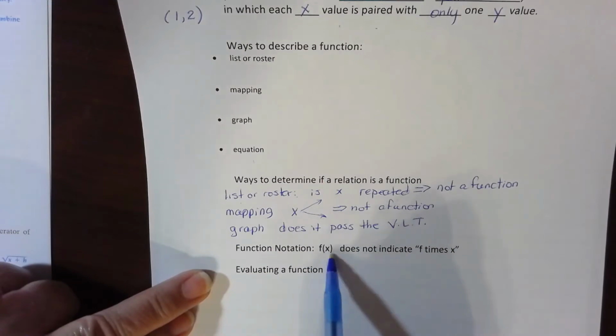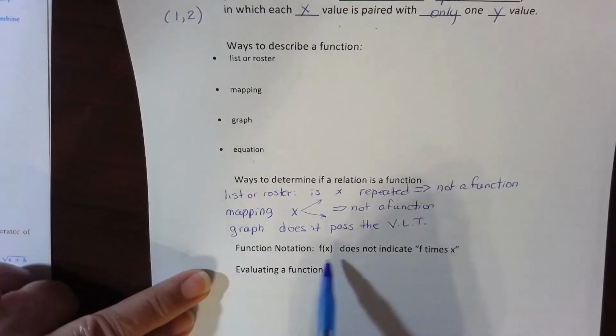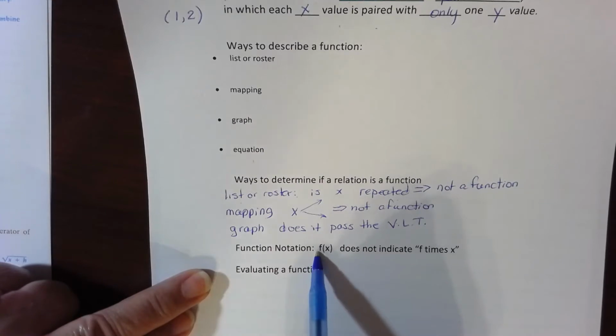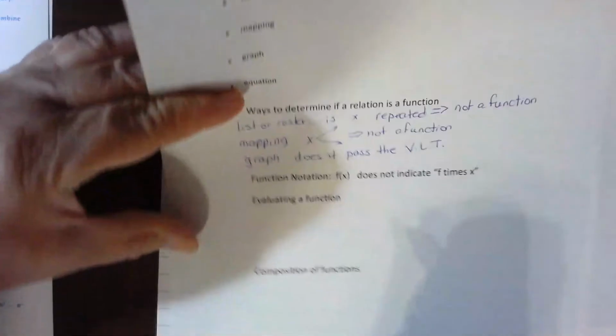I need you to know that when you see this kind of notation, we call it f of x. It does not mean f times x. It means evaluate the function f for the value that's given in x.